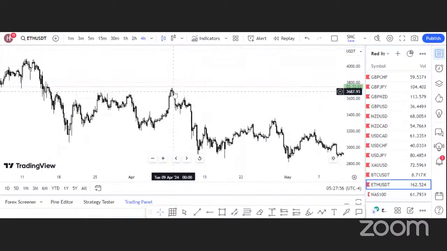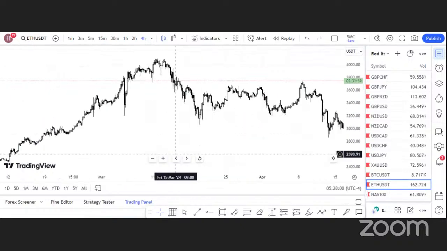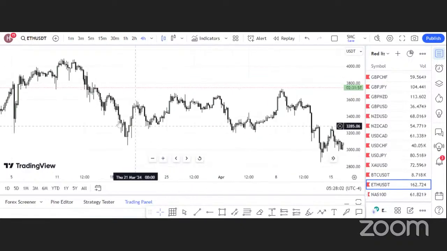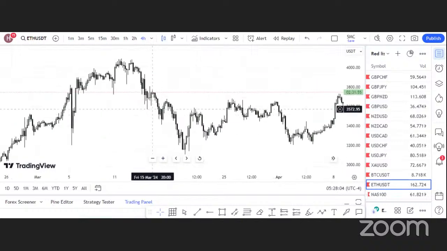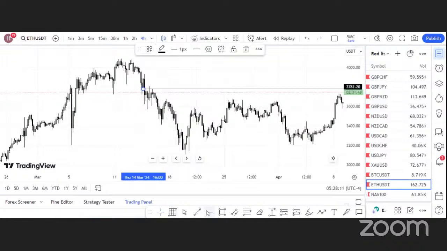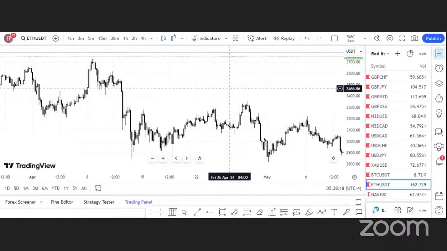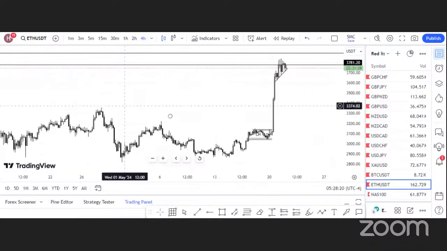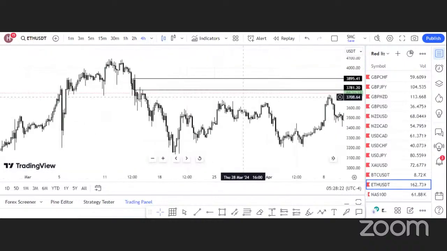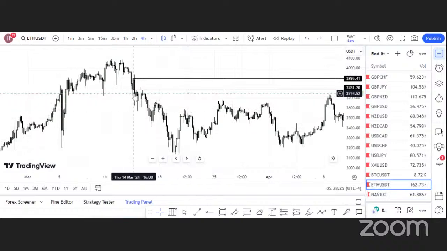So you see, we have a break of structure from the higher time frame, and then we also have another block, and the other block is currently controlling what we have.